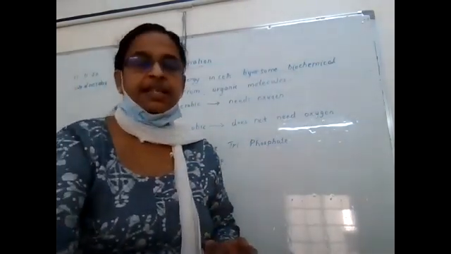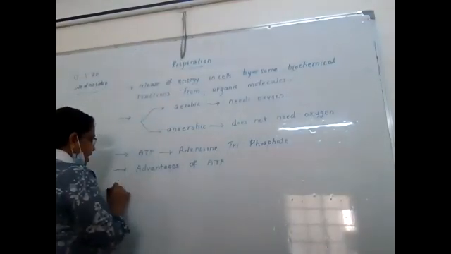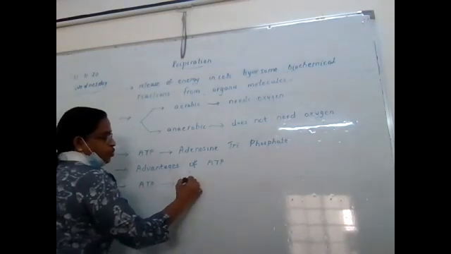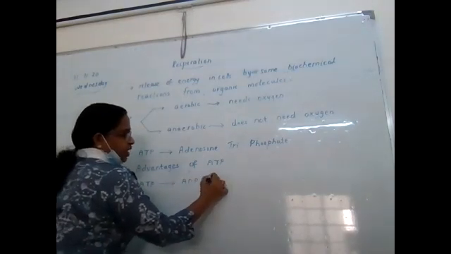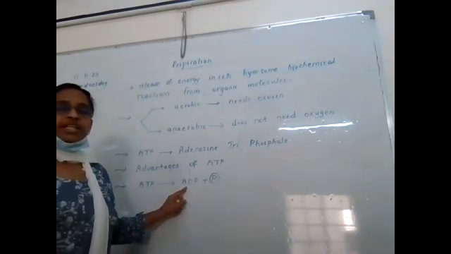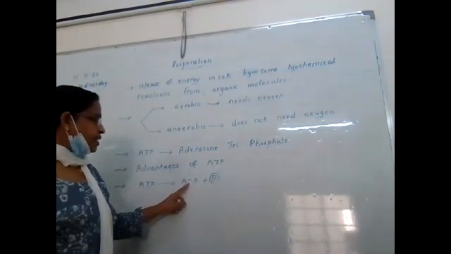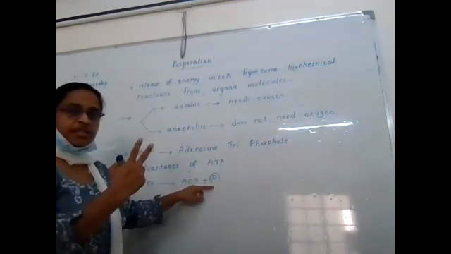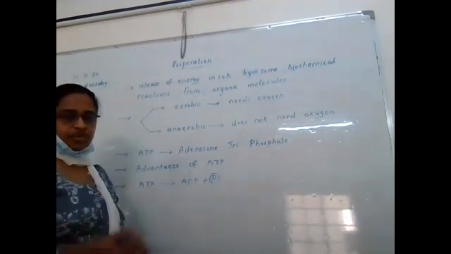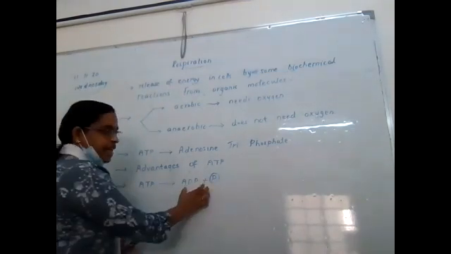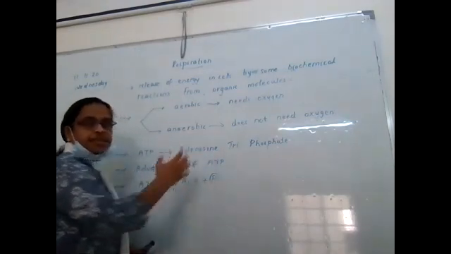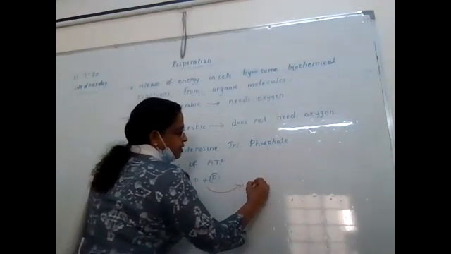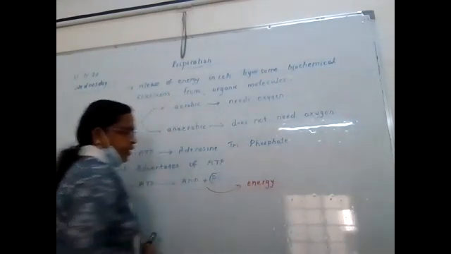If we need energy, the ATP will be hydrolyzed to ADP and phosphate. Can you say what is ADP? ADP is adenosine diphosphate, because one of the phosphates is removed. In this reaction, it releases some energy.